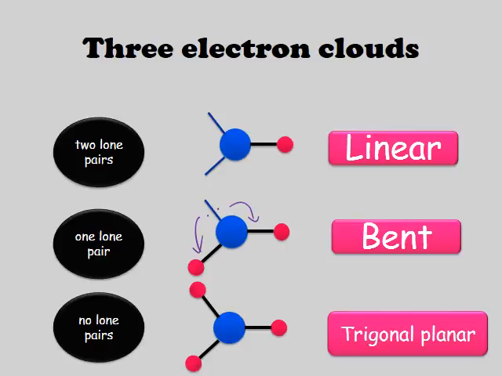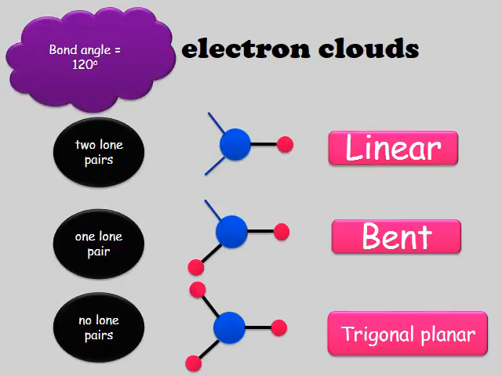And with no lone pairs, it will be known as trigonal planar. And the bond angle this time is 120 degrees.